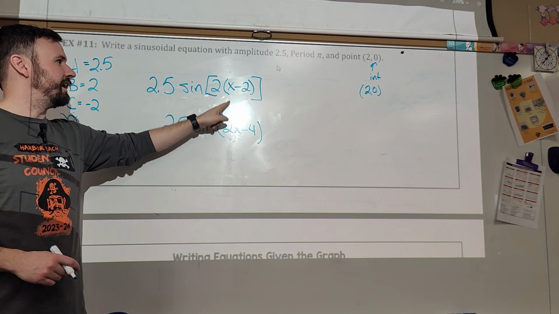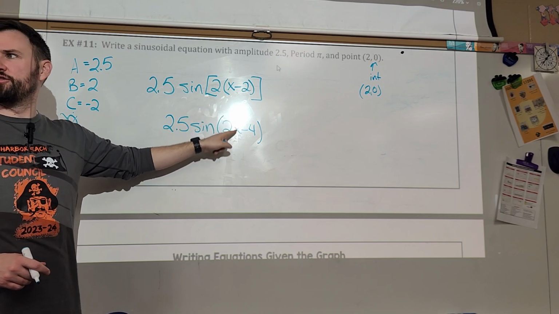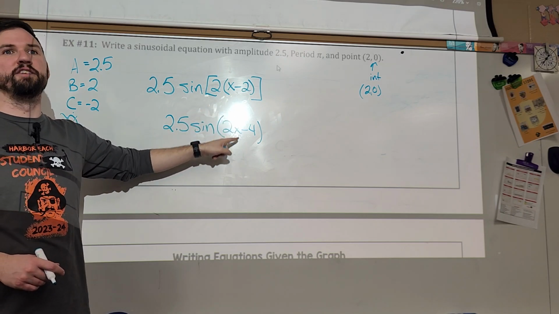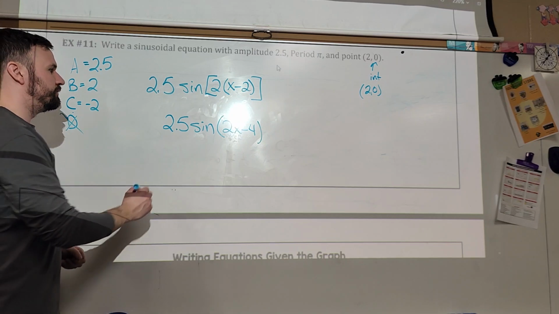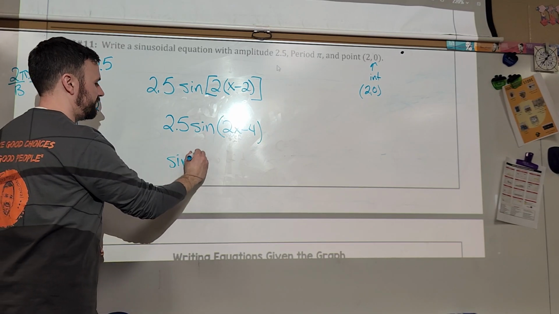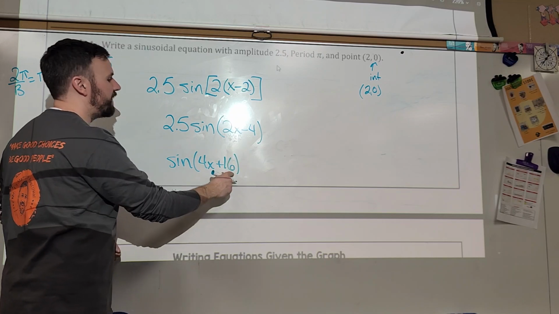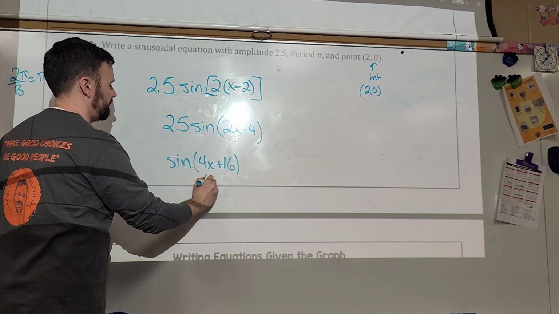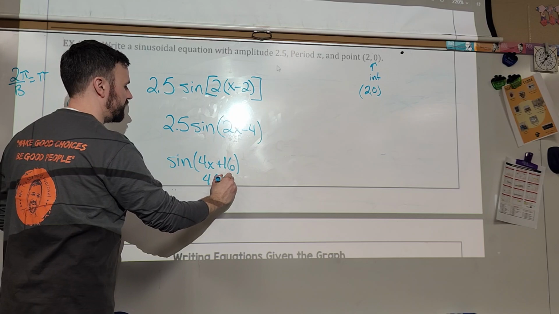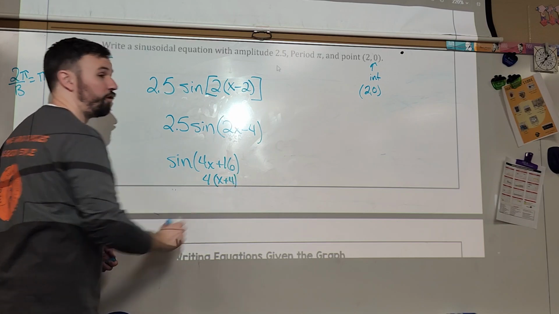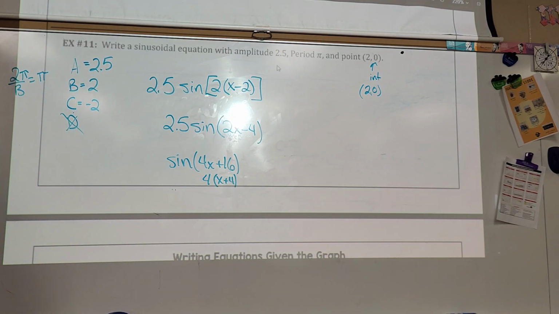Keep that in mind. That's a really common mistake with all transformations. We did this in unit 1, but I'm just reminding you. So if you have sine of 4x plus 16, am I going left 16? No, I'm actually going left 4, right? You need to factor that out to know where it's moving. Okay? Just a reminder.